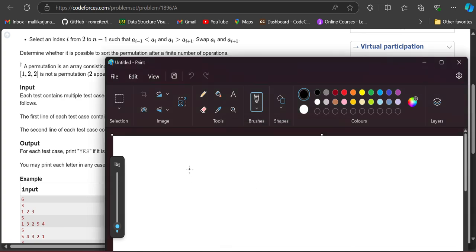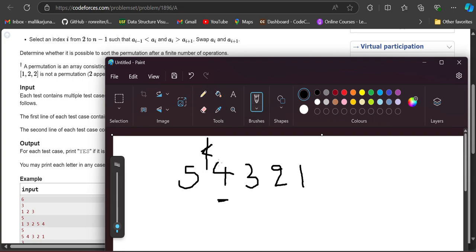Okay, then why can't 5, 4, 3, 2, 1 be sorted? We have to start from here. In order to swap these two, i-1 must be less than i. Is 5 less than 4? No, false.